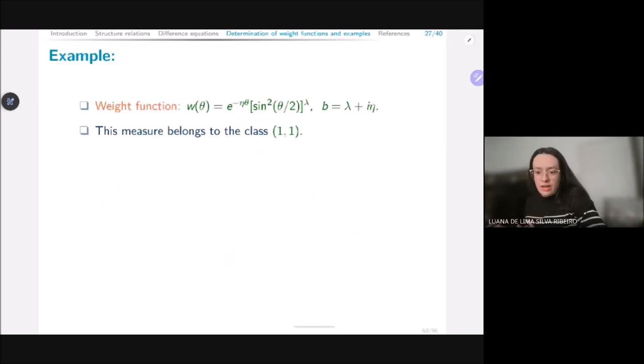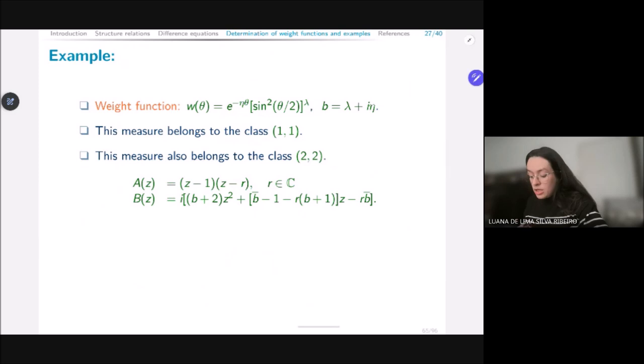So let's focus on the example. That will be easy, but the idea follows the same. This wave function that I mentioned before belongs to the class 1, and also belongs to the class 2. We just need to consider A(z) in this form, z minus 1 multiplied by z minus R, where R could be any complex number.